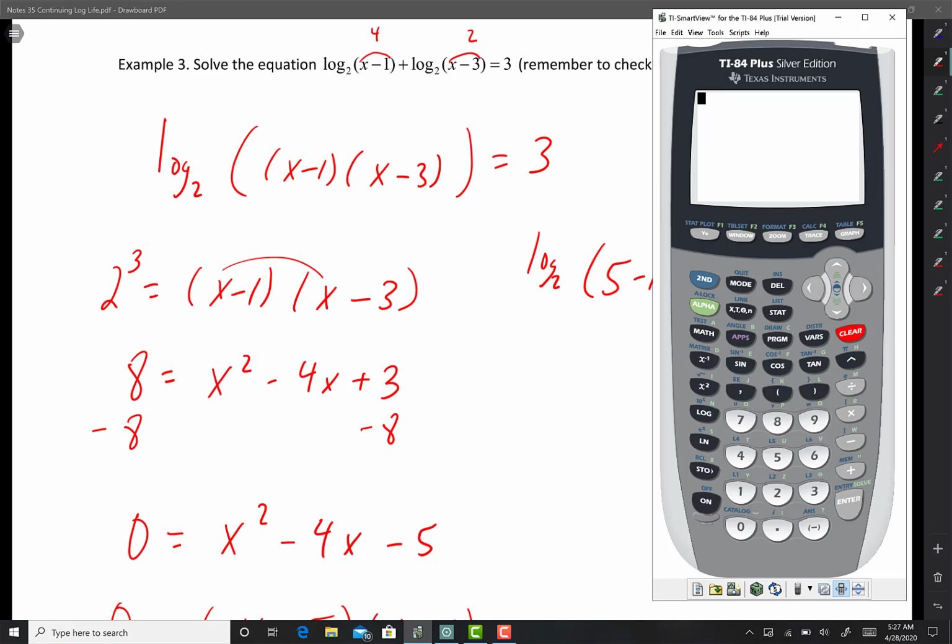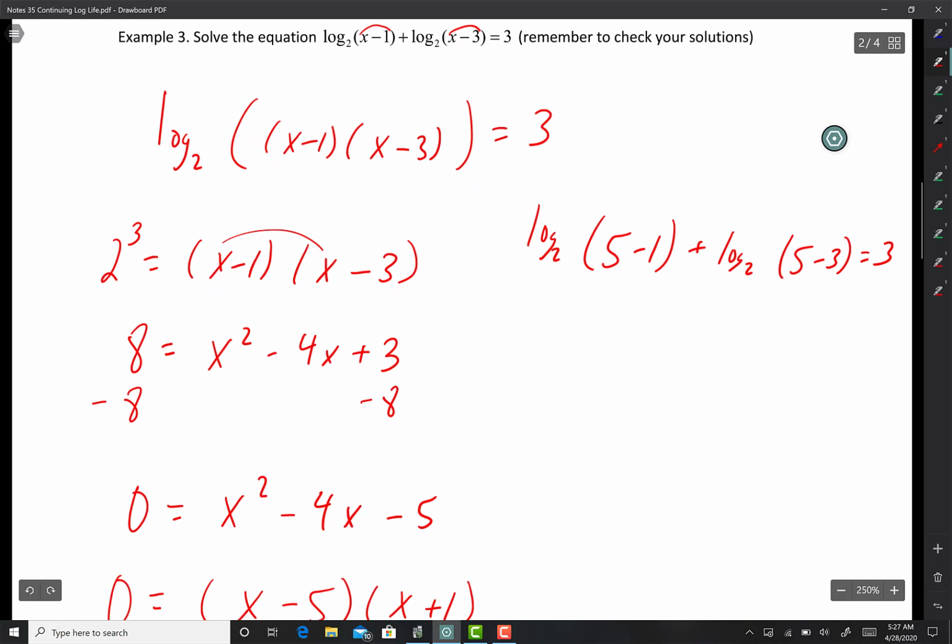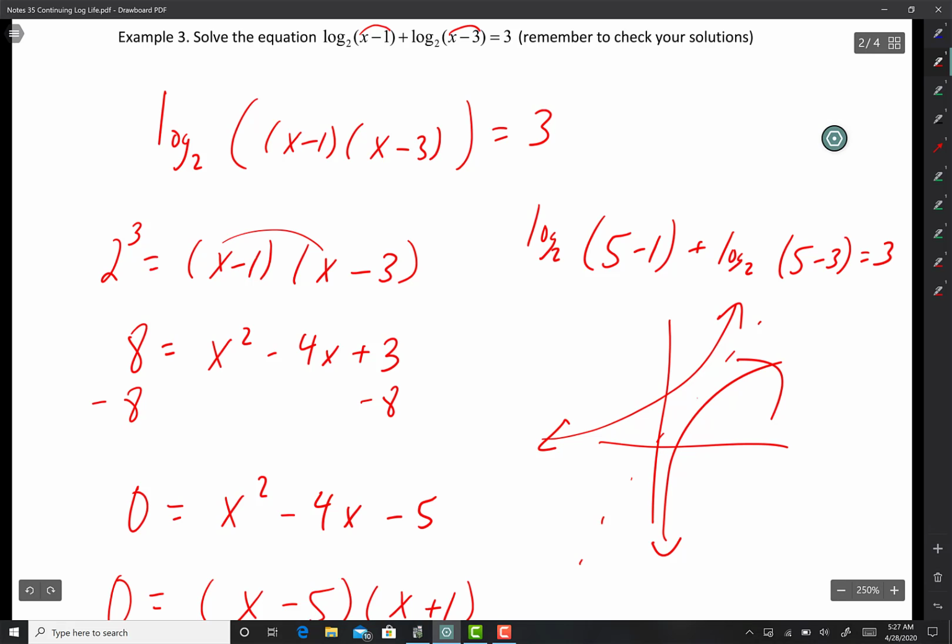The domain of logs is all positive numbers for x, and the range is all real numbers. Sorry, guys, because all log functions look like this, all of them, because they're just the inverse of exponentials.